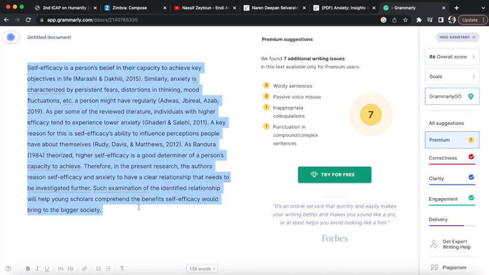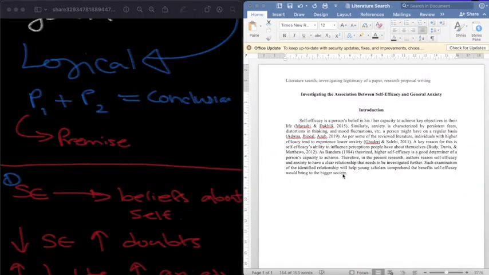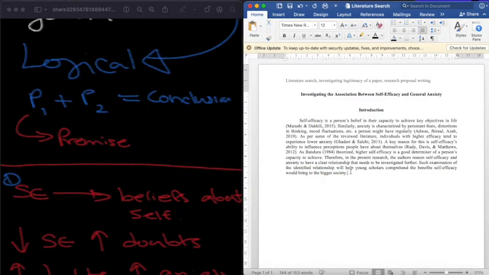I will upload a separate lecture later so that you can identify how exactly we are going to go ahead with this. But I think this would be enough for us right now just to see what exactly we would want to do. Now this is a bit of an improved version of the previous paragraph I just had.